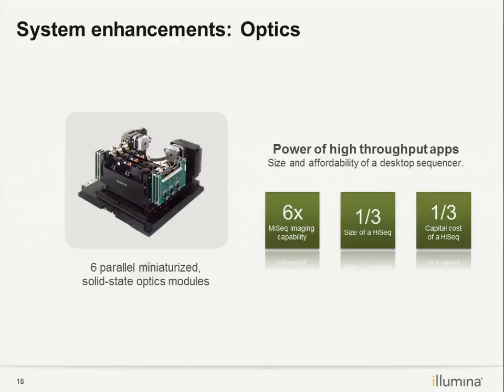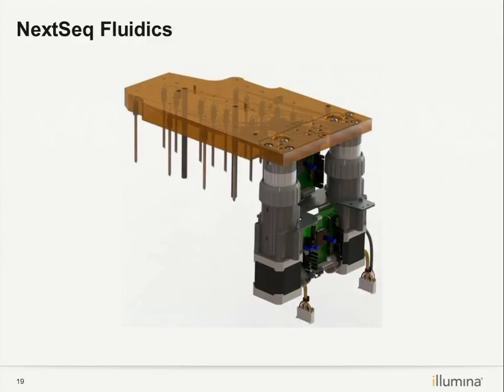The 6 cameras will take images simultaneously. This allows a higher throughput while keeping a very short turnaround time. So the runtime is very short. It has 6 times the imaging capacity compared with the MiSeq, and it is only 1/3 the size of the HiSeq system, and the cost is also cheaper. So it has a lot of advantages.